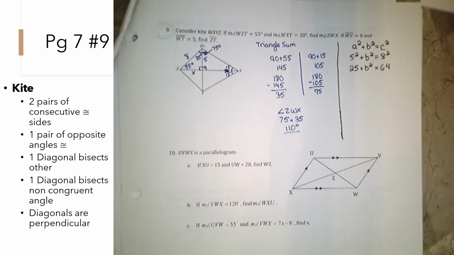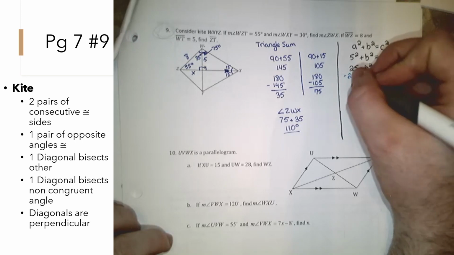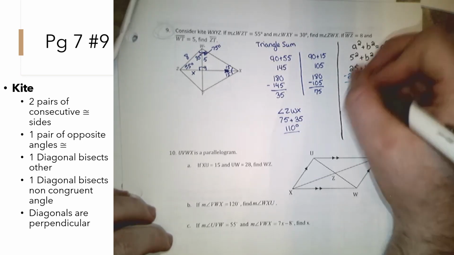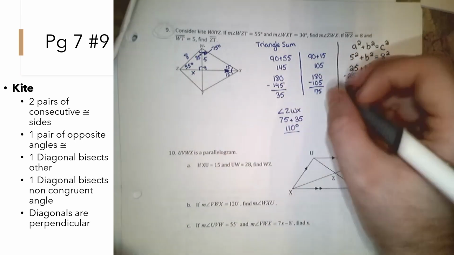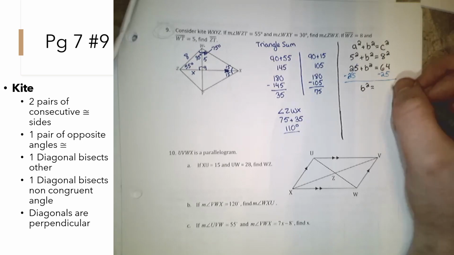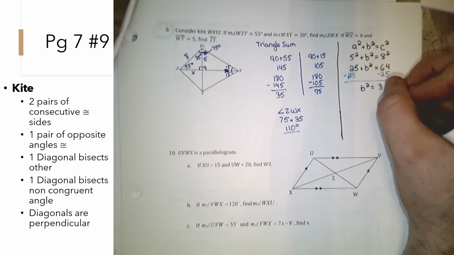So now what I want to do is subtract 25 from both sides so that we can get b by itself. B squared equals 39.